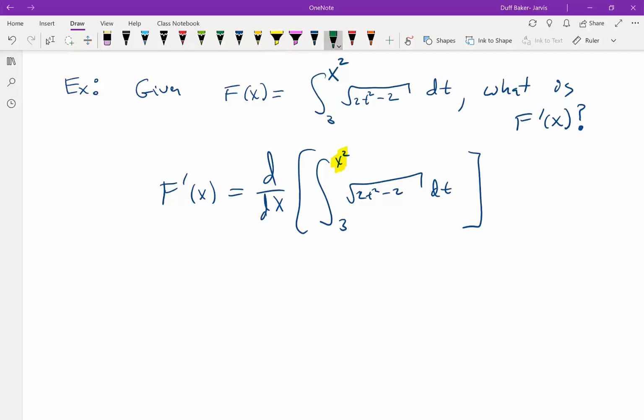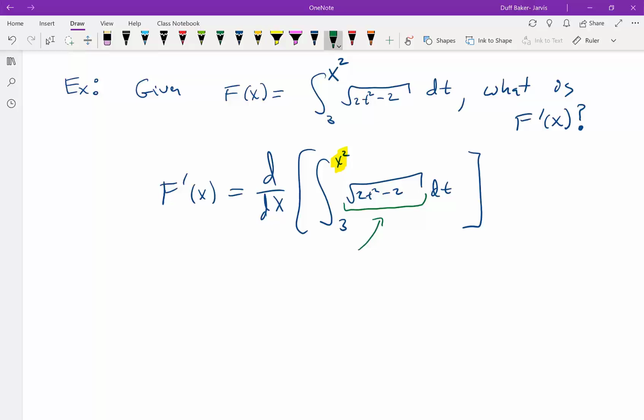And so to make that more clear, the way I like to think about it, whenever I need to reconvince myself of this, is that this square root of 2t squared minus 2, I don't know what its antiderivative is off the top of my head.